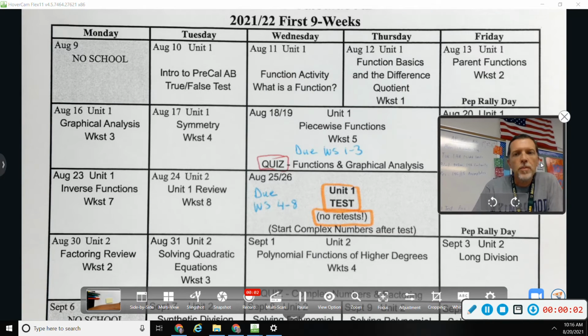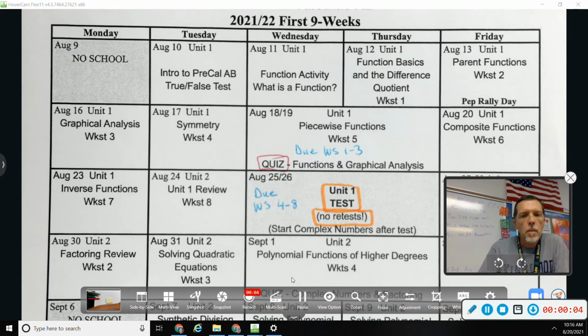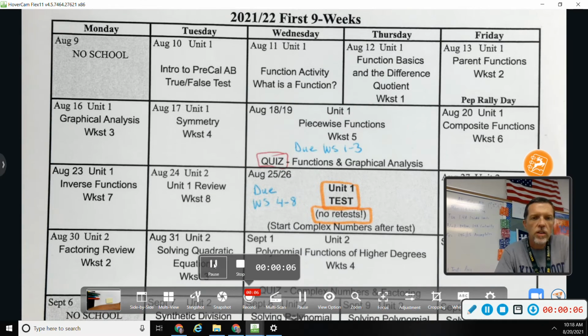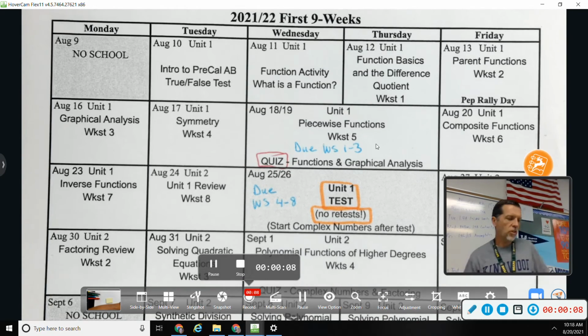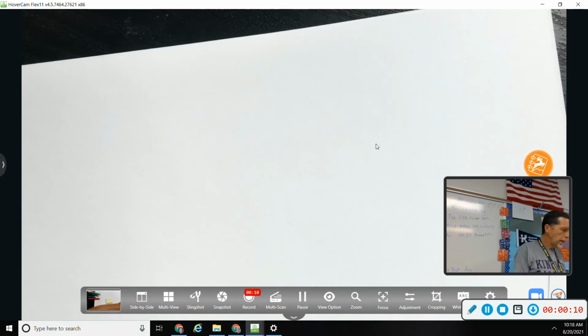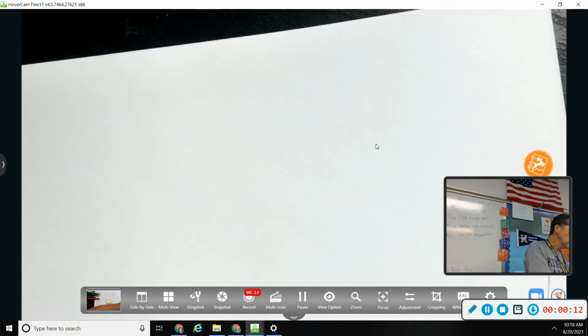Yes. For question 3, how do we know if it's A or B? So let's look at questions from worksheet 5. Piecewise.